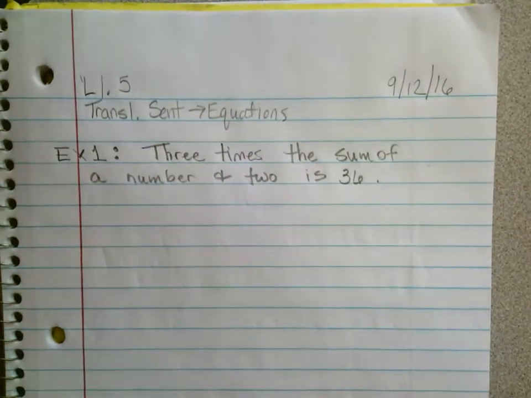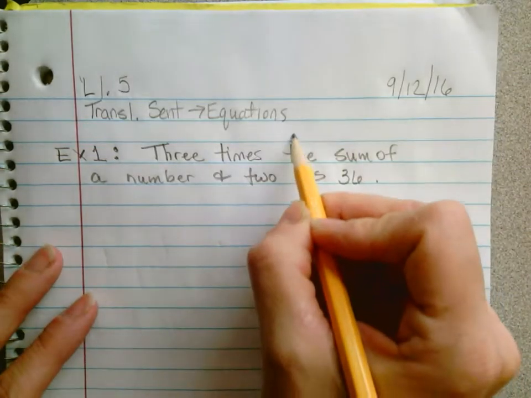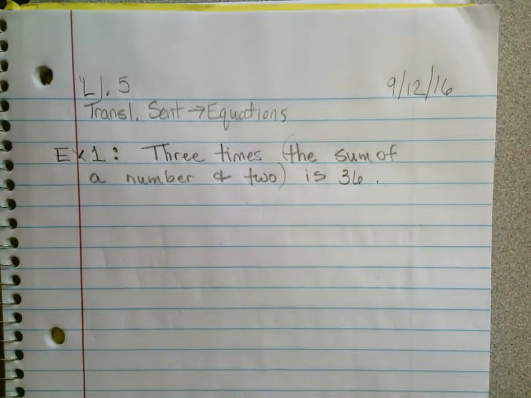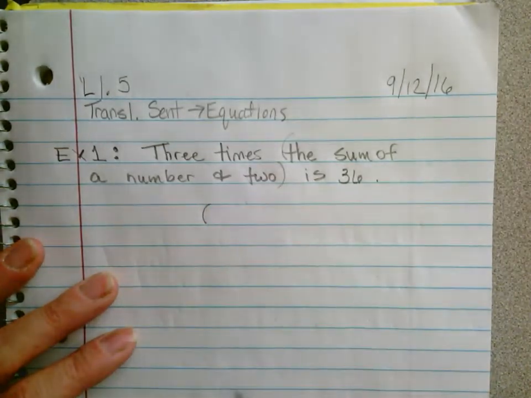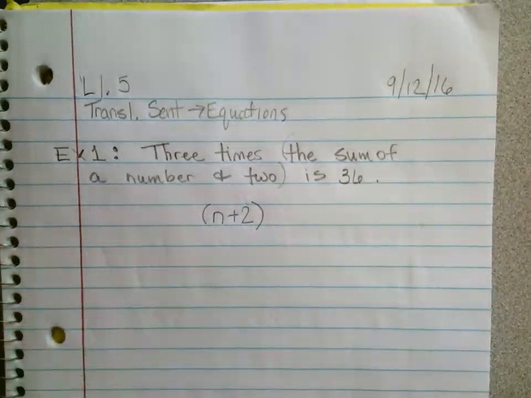Okay. 3 times the sum of a number and 2 is 36. So this is where parentheses would come in. When they say the sum of a number and 2, or the difference of a number and 2, those things are going to be grouped together. Okay?